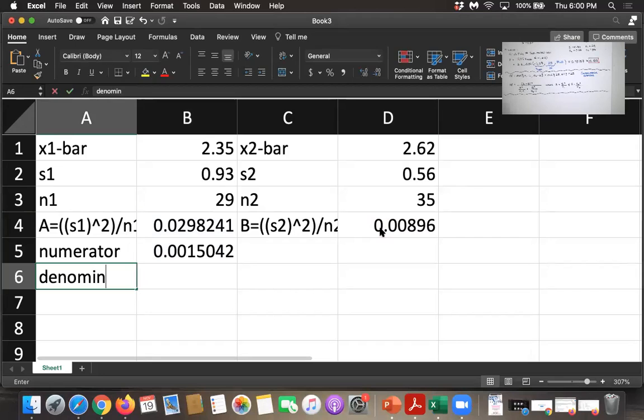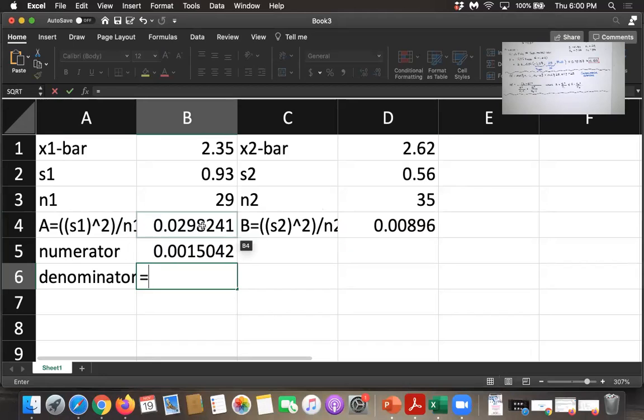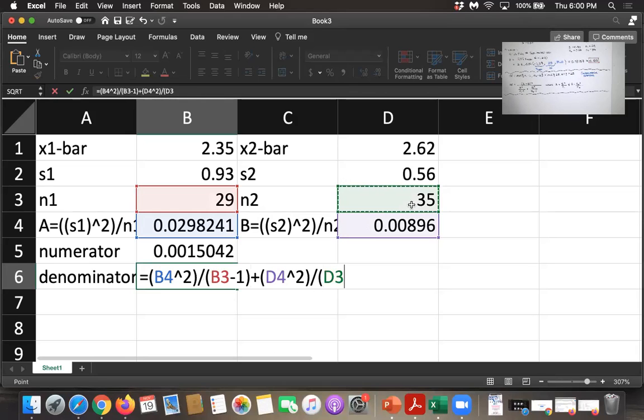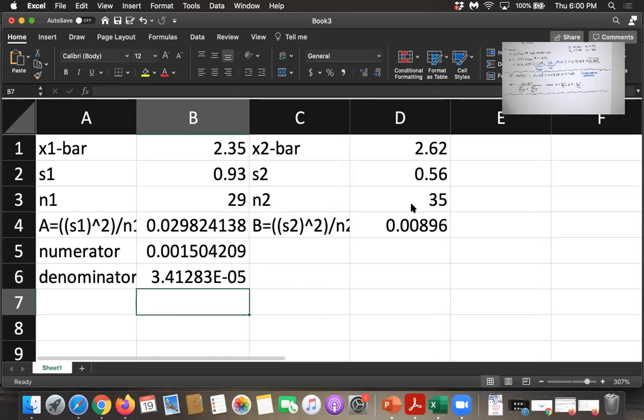And then for my denominator, I need a squared. Actually, I'll type it this way, open parentheses, a squared divided by the quantity n sub 1 minus 1. And then we're going to take b and square it. And then we're dividing by the quantity n sub 2 minus 1. It's a very small number. And the degrees of freedom are equal to this numerator divided by this denominator.